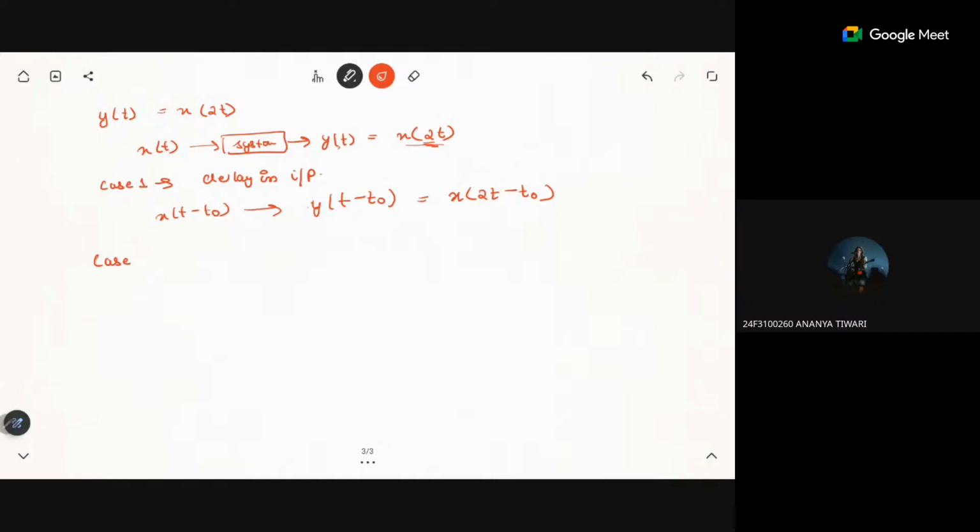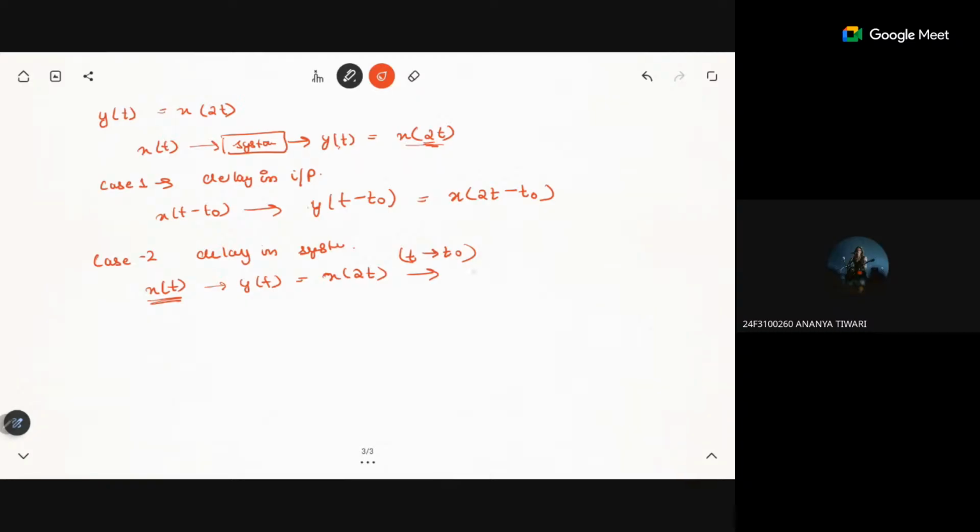And now in case 2, what we will do? We will create a delay in the system. We will take the input as it is, xt. So now it will give yt, so yt is x of 2t. Now we are creating a delay in the system. That means wherever there is a t, t is changed to t minus t naught.